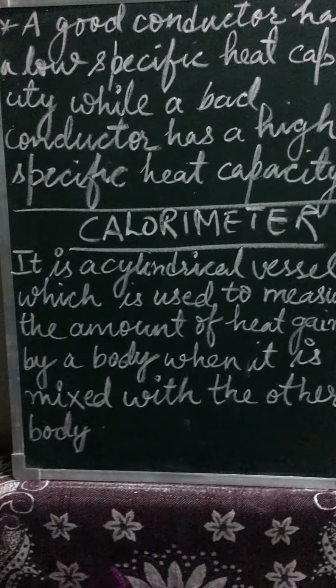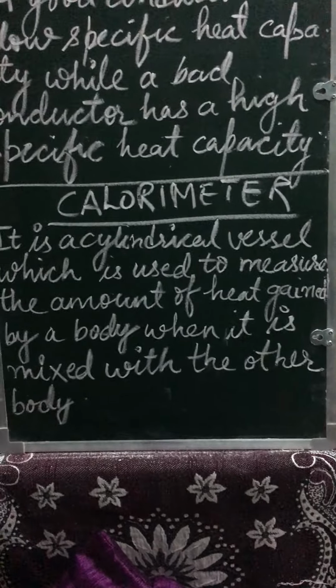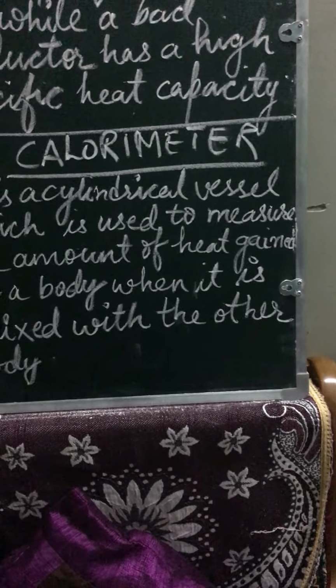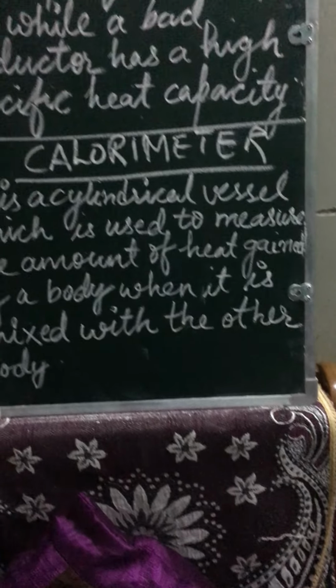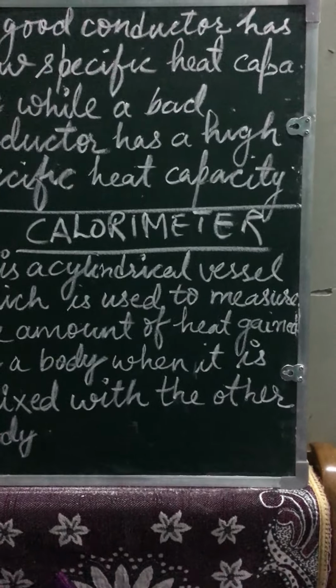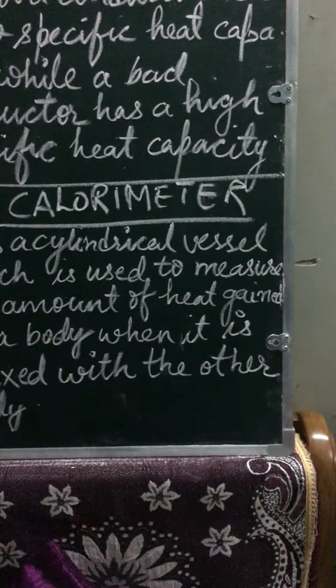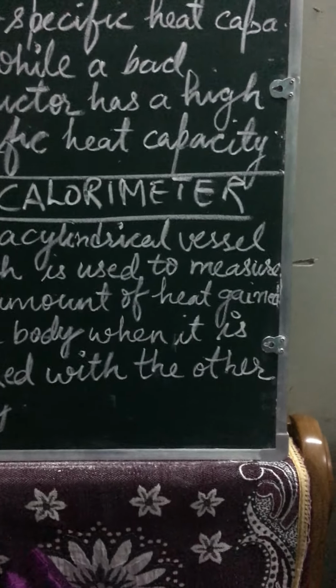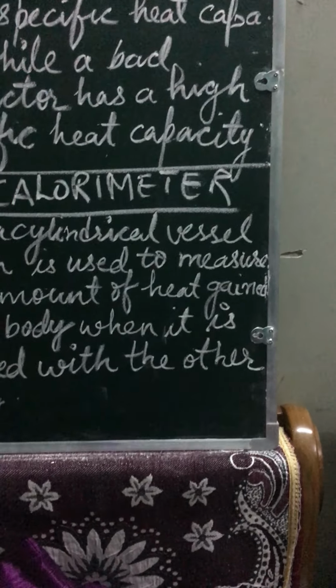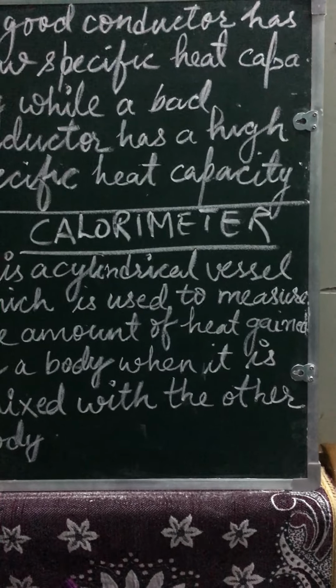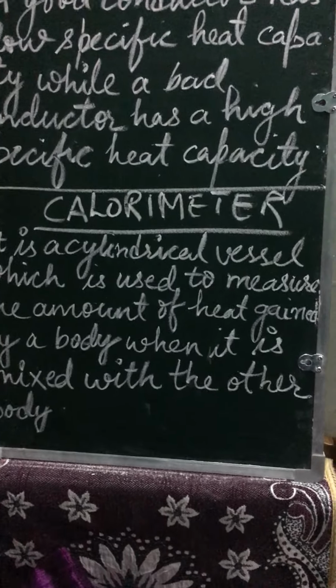When we mix two substances with different temperatures, one substance will release heat and one substance will absorb heat because they are at different temperatures. So a calorimeter is a cylindrical vessel which is used to measure the amount of heat gained or heat lost by a body when it is mixed with another body. You can see the diagram of the calorimeter on page number 265 in your book, children.